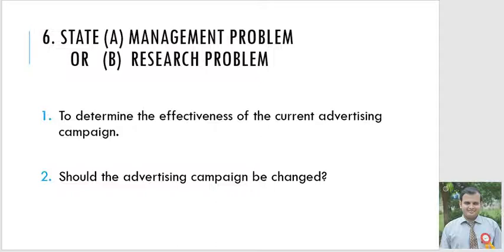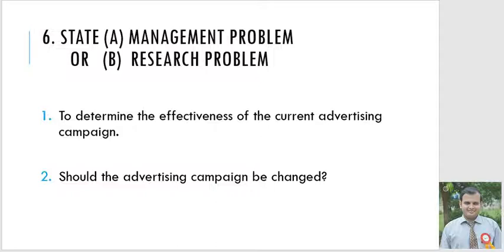Next statement was, should the advertising campaign be changed? Answer is, it is a management problem. Whenever you have a management problem like, should the advertisement campaign be changed, your research should be in the lines of checking whether the current advertisement campaign is effective.